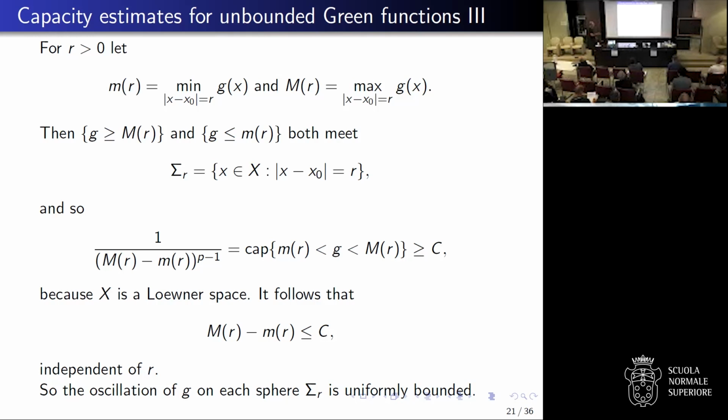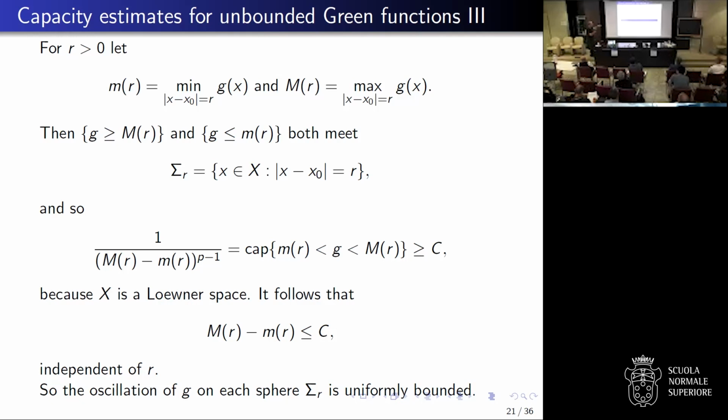This comes from the Löwner property by this geometric argument that I just outlined. On the other hand, we have normalized so that the capacity between these levels is equal to this function here. So if you rewrite this inequality, it just says that the difference here is uniformly bounded. So oscillations on each sphere are uniformly bounded.